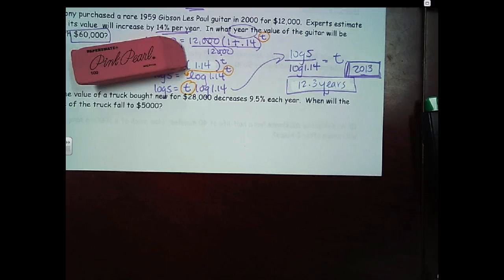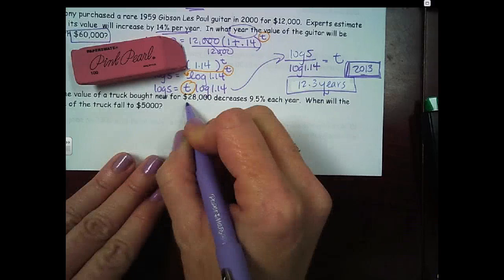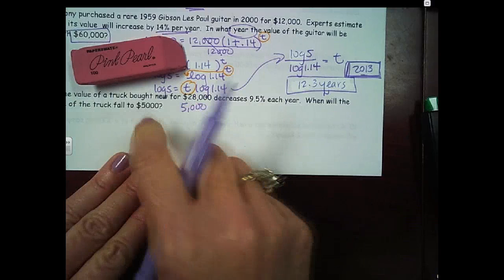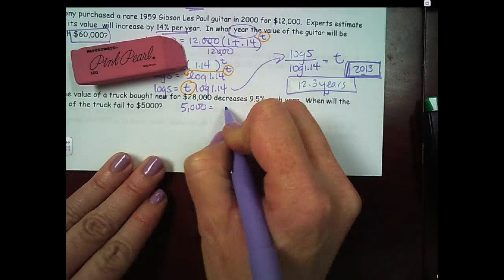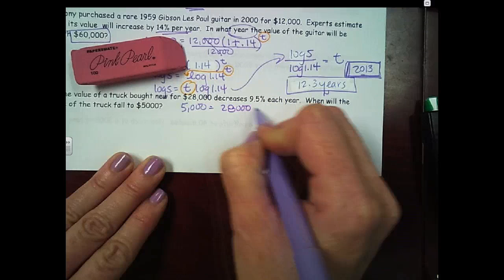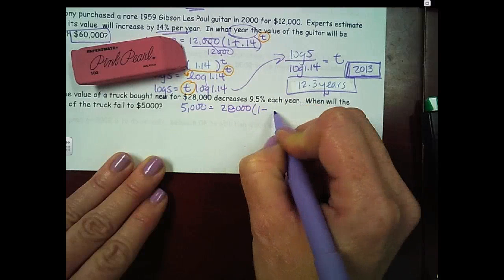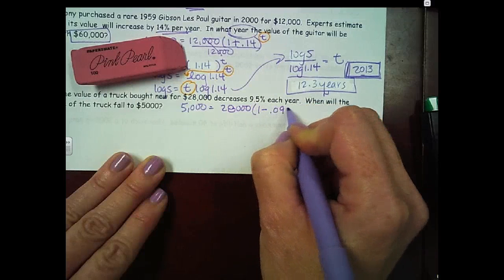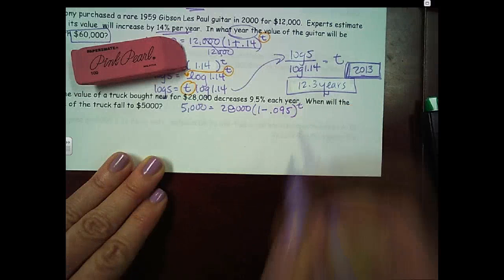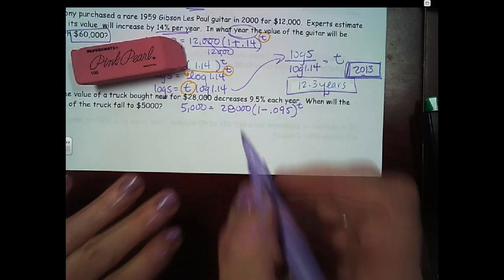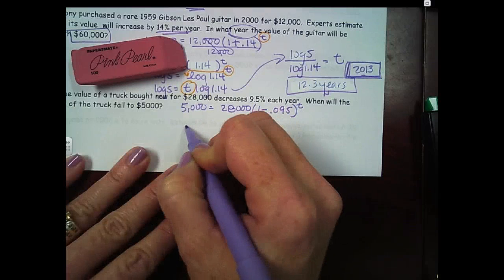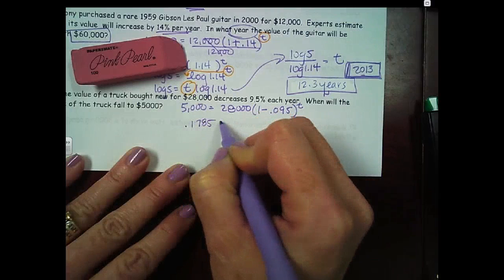So the price that we're talking about would be $5,000, because that's not the original, is it? The original always goes on the right side of the equal sign. And then 1 minus, because we were depreciating, 0.095. And then there's your time. So the first step would be to divide both sides by your 28,000. And I got 0.1785.